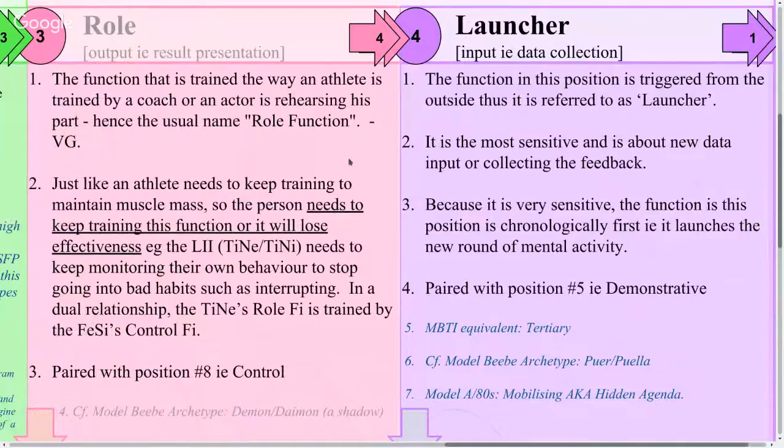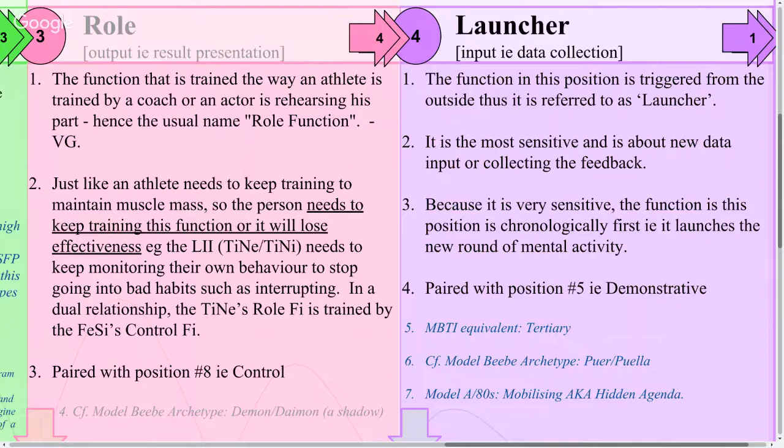The function is trained the way an athlete is trained by a coach or an actor rehearses his part, hence the usual name, role function. Just like an athlete needs to keep training to maintain muscle mass, so the person needs to keep training this function or it will lose effectiveness. E.g., the LII needs to keep monitoring their own behavior to stop going into bad habits such as interrupting.